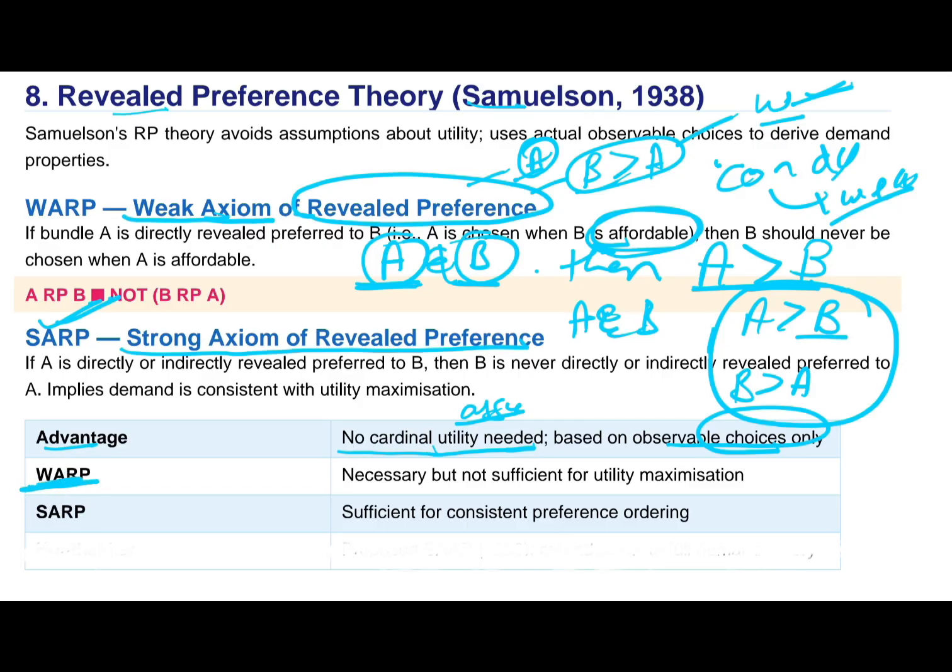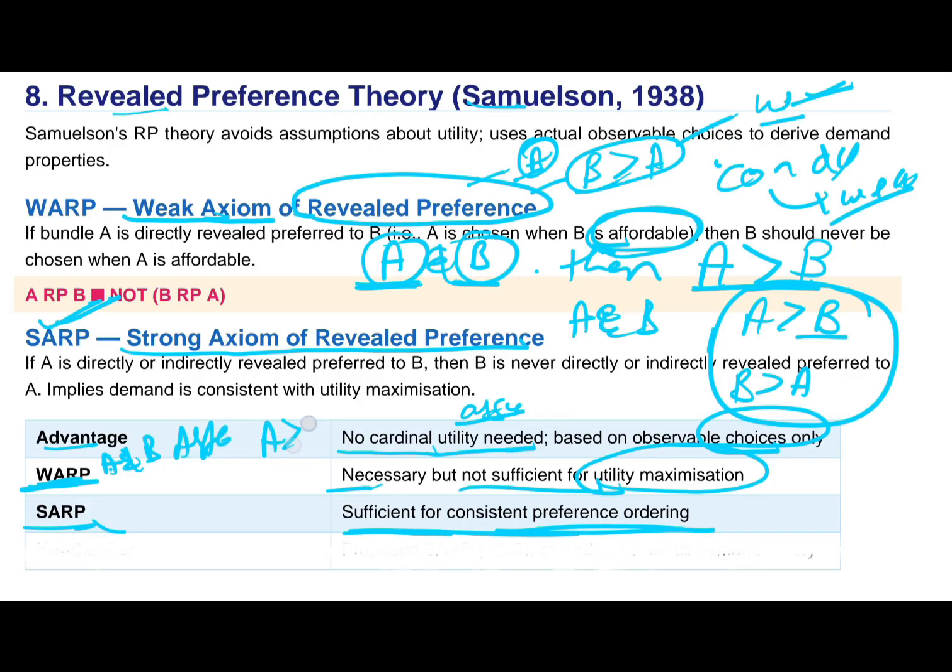For the revealed preference theory, the weak axiom is a necessary but not a sufficient condition to maximize utility, and the sufficient condition is the strong axiom of revealed preference, for consistency of preference. Because if A and B are both affordable, then he always chooses A over B. But if not affordable, then he can choose B over A. This is not a violation; this is the necessary condition.